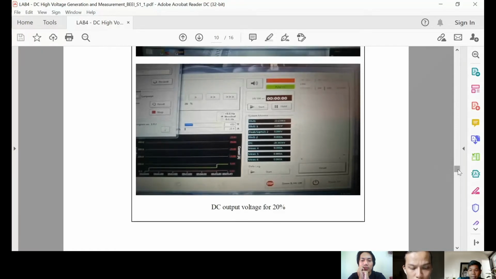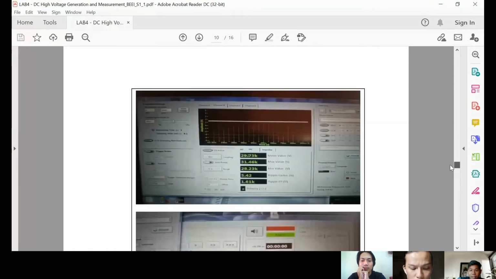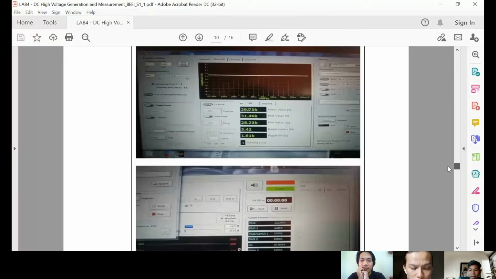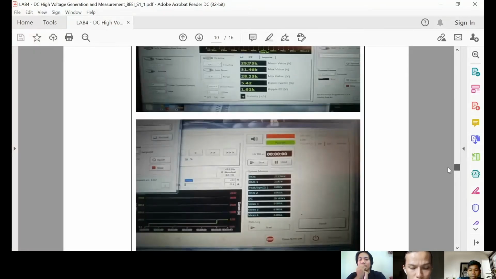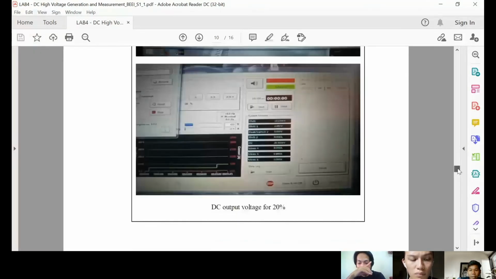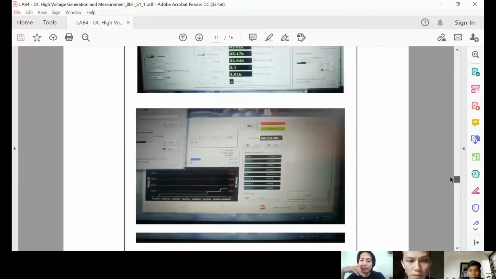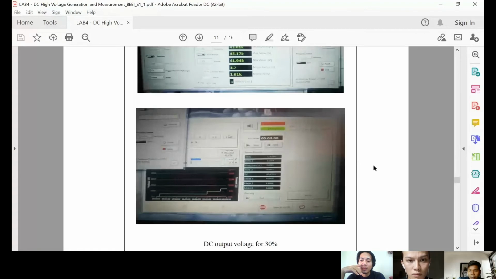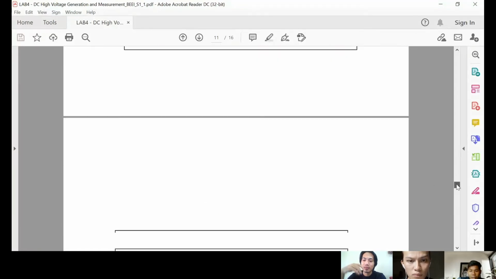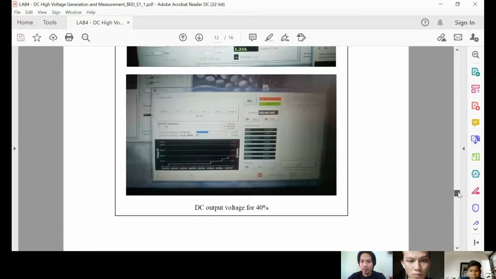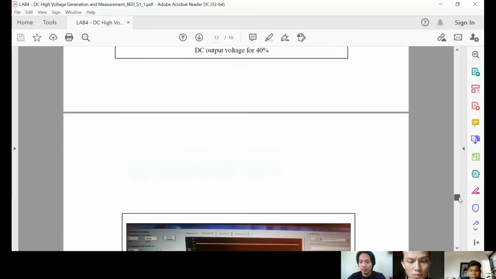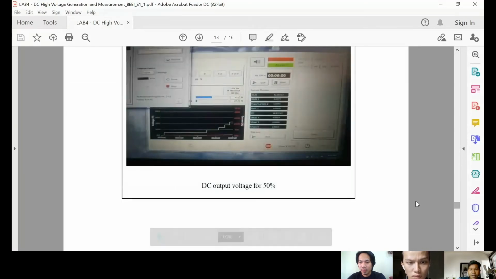It must have a little bit different for the other value. Same, I will show until the 40% and lastly the 50%.